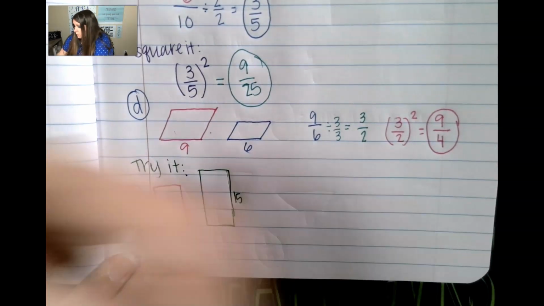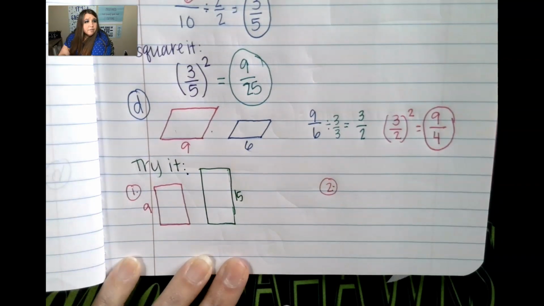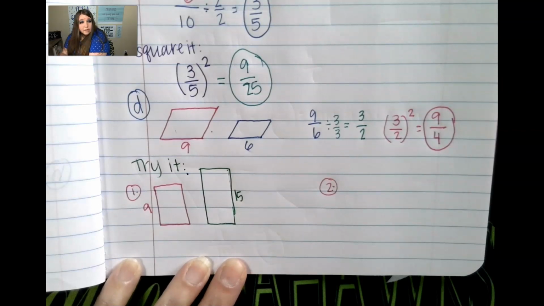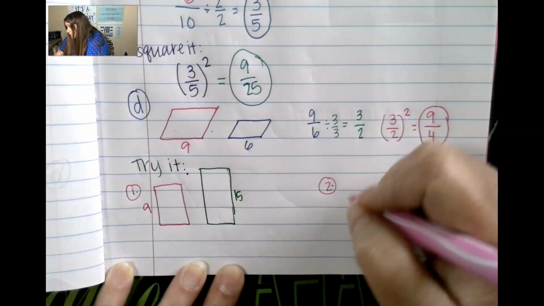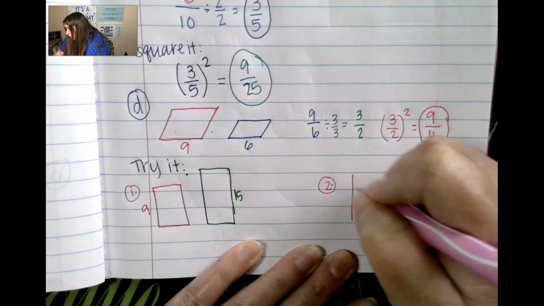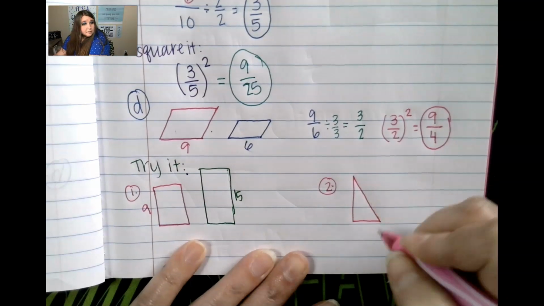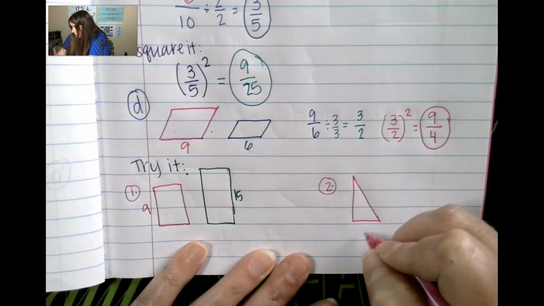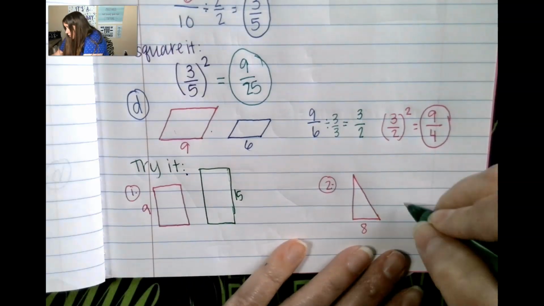On try-it number 2, you are going to find the area of a triangle. You have triangle P and the base measures 8, and then you have triangle Q and the base measures 7.